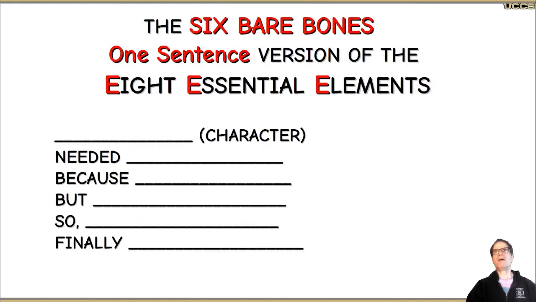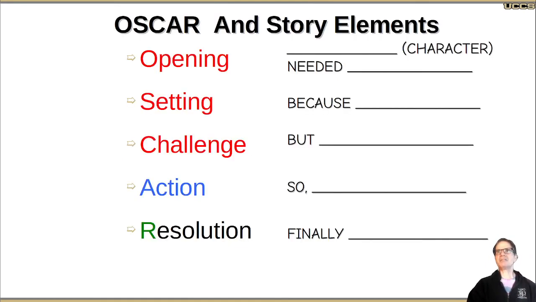So before I finish Oscar, I wanted to come back to what we considered the six bare bones, one sentence version of the eight essential elements, which we introduced in earlier chapters, right? Which is the character needed something because something, but something happens, so some action happens, finally we get a resolution. And the nice thing about this, in my view, is it maps very naturally to Oscar.